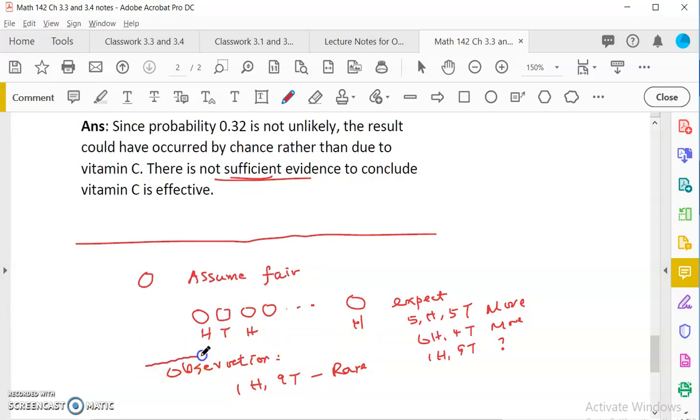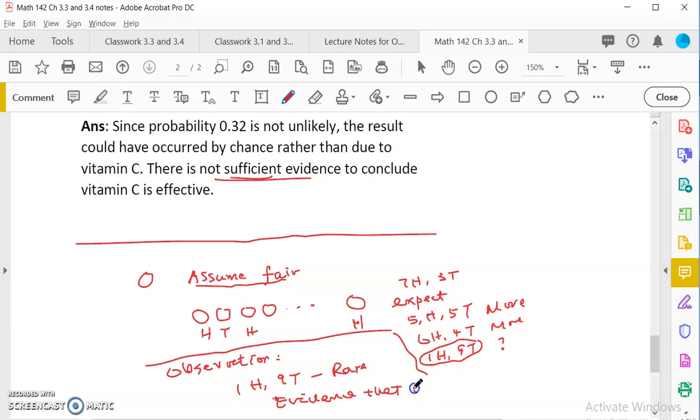We used a simulation and we see that even 7 heads and 3 tails are pretty common, but we never see this happening. So if we see this happen, our assumption must be wrong, right? What did we assume? We assume that it's a fair coin. If you see something like this, you would say there's enough evidence that the assumption is wrong, that the coin is not fair.